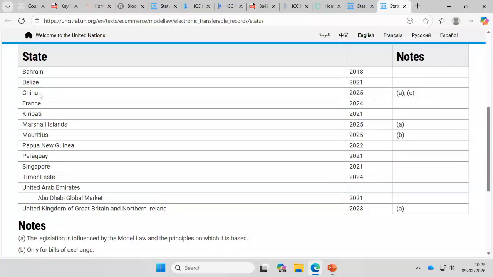China's adoption just last year, Mauritius last year, Marshall Islands last year. We can see a number of jurisdictions which are thinking that this may be a mechanism to support greater digitalization of some of their commercial efforts.